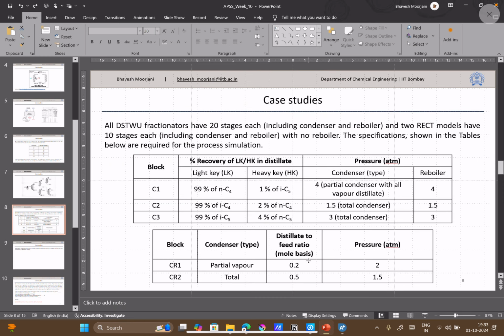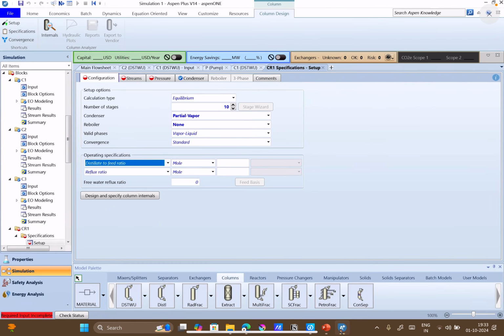So what information we have? We have distillate to feed ratio on a mole basis, which is 0.2. If we provide it as 0.2, the second information will go away, since we don't have any reboiler. Last time we looked at a similar example where there was no condenser. In that case also we selected condenser as none and we only had to provide one information, right?